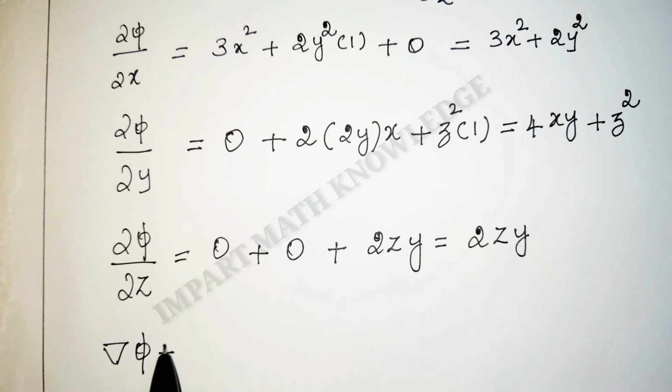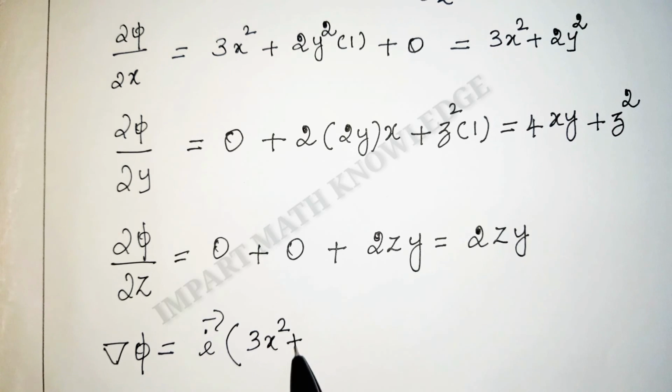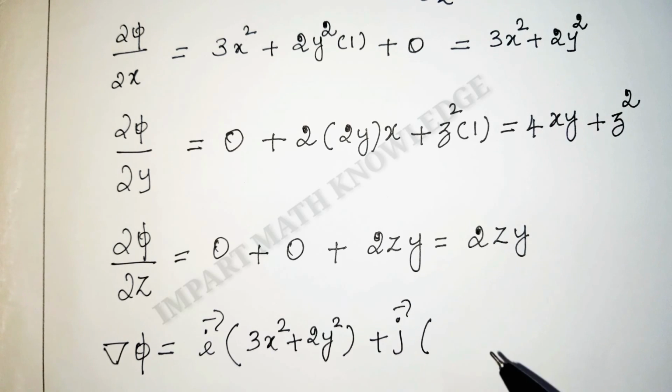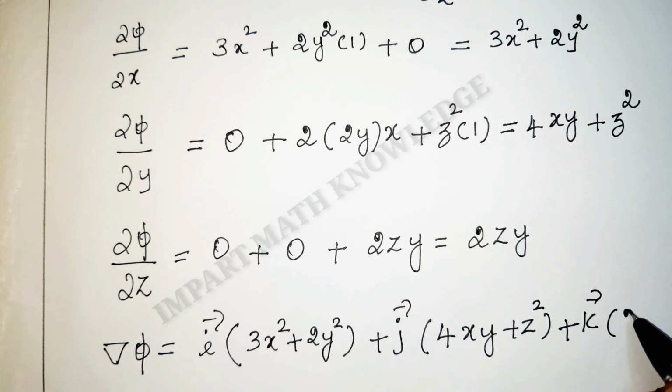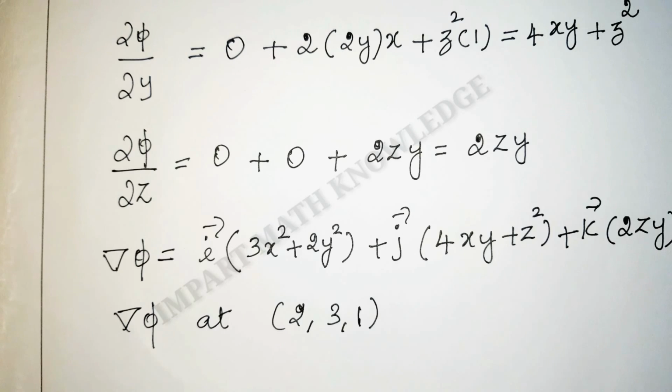Del phi is equal to i vector dou phi by dou x is 3x square plus 2y square plus j vector dou phi by dou y is 4xy plus z square plus k vector dou phi by dou z is 2zy. Next we have to find del phi at 2, 3, 1. Substitute x is equal to 2, y is equal to 3 and z is equal to 1.